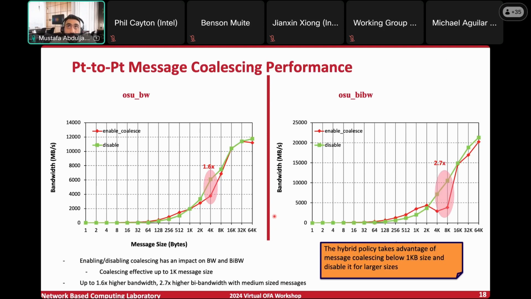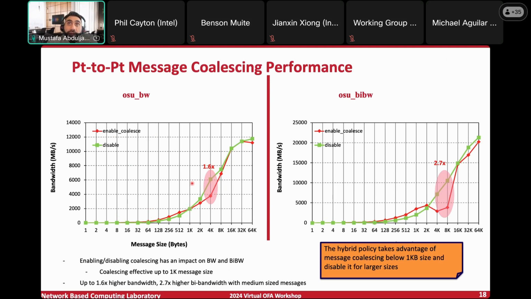Also, I spoke about the message coalescing. So this feature has been there for quite some time, but it has been used indefinitely. So coalescing has always been enabled since, theoretically speaking, it seems to be an effective technique. However, if it's enabled indefinitely, one would get a degradation. Let's see here on the bandwidth side of things, after 1K message size, there is a degradation if the coalescing is enabled.